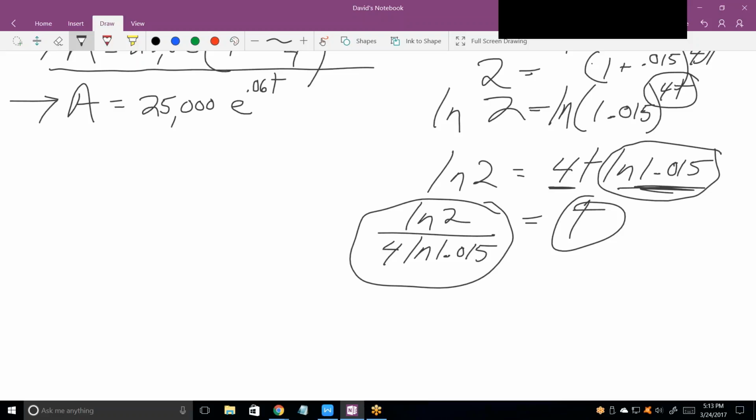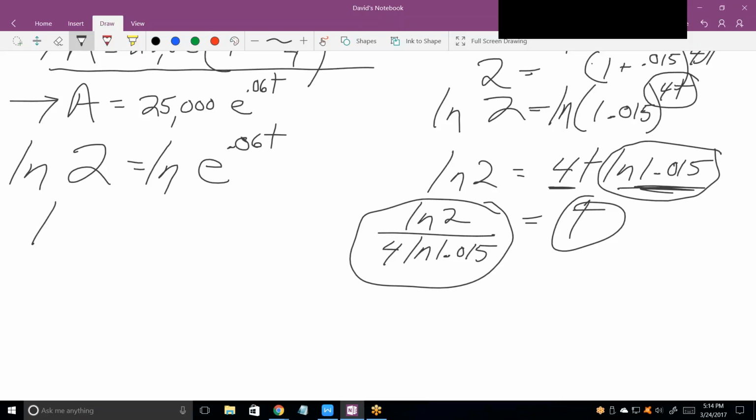So again, A is going to be 50,000, and I'm going to divide both sides by 25,000. So in this case, I get 2 equals e to the 0.06t. Again, I have an exponential equation I have to solve, so I'm going to take the log of both sides, and I always use natural log.